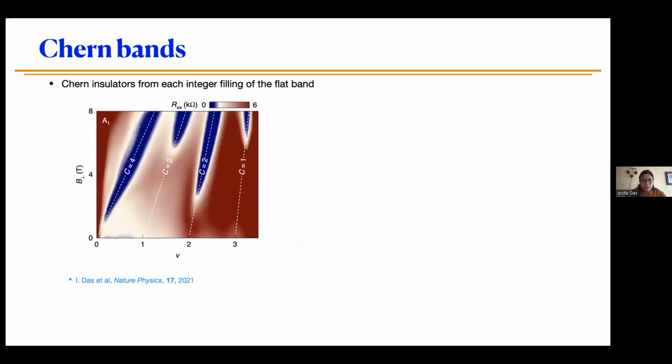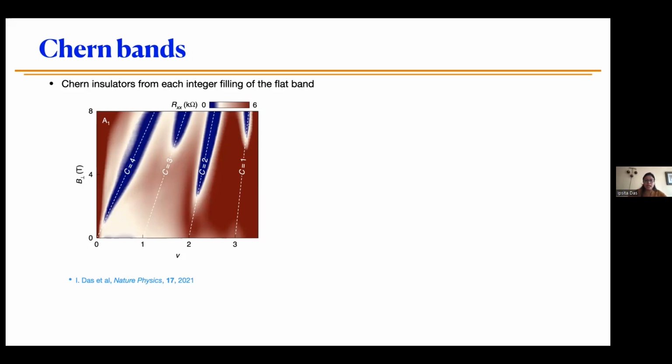So here, this is a color plot of longitudinal resistance as a function of magnetic field, and my x-axis is the carrier density, filling factor, right? So as I go away from the charge neutrality point, which is my filling factor 0, as I go to the positive side, at certain filling factors, I have different Chern insulators, which are shown by this almost 0 resistive state in blue color, right?